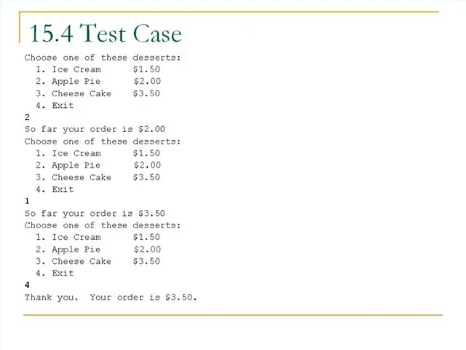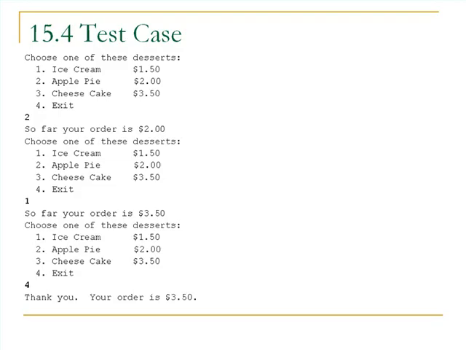So the program will output choose one of these desserts, 1, 2, 3, 4. The first three choices have a price by them, and choice 4 is to exit the program. So the user chooses 2, and the program responds, so far your order is $2, and then choose one of these desserts. We present the menu again.